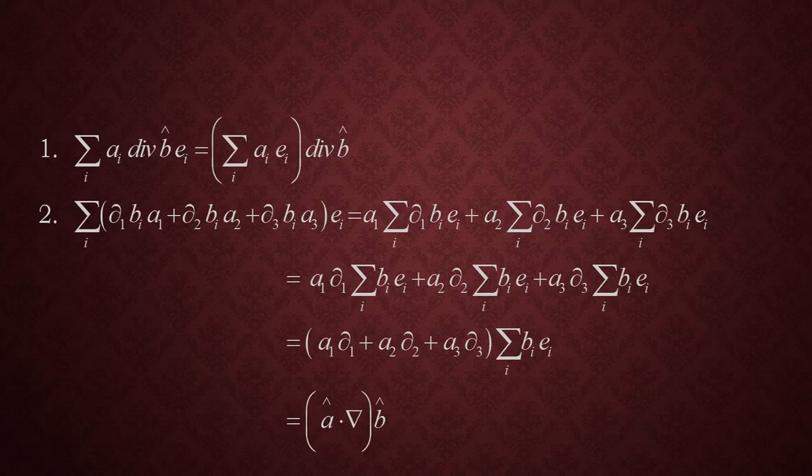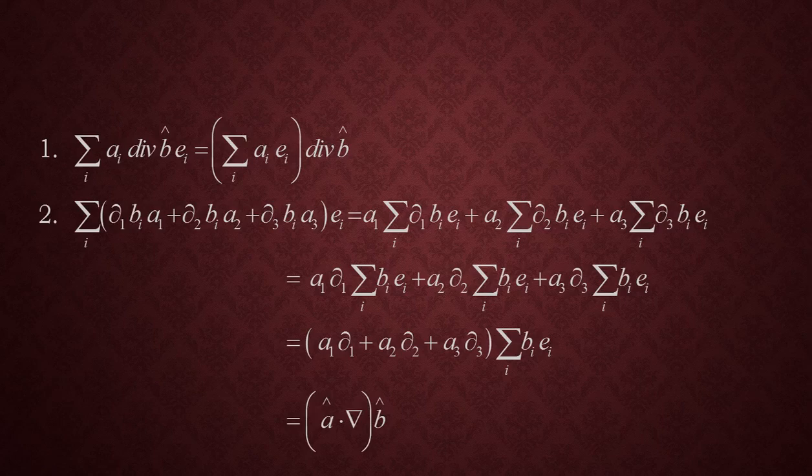So our step 2 is summation over i (A1 ∂1 B_i plus A2 ∂2 B_i plus A3 ∂3 B_i) times e_i, that equals summation sigma over i A1 ∂1 B_i e_i plus summation over i A2 ∂2 B_i e_i plus summation over i A3 ∂3 B_i e_i.